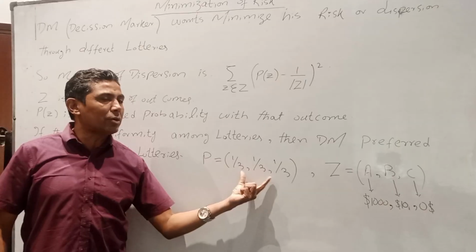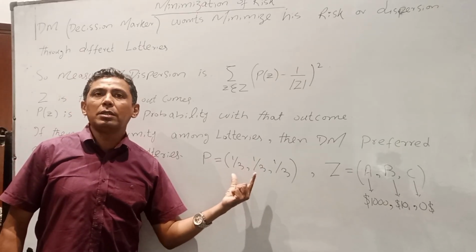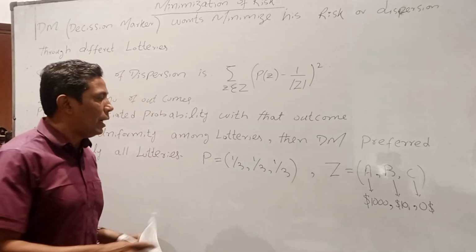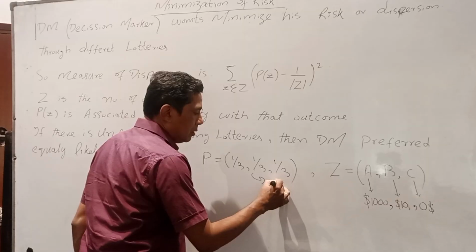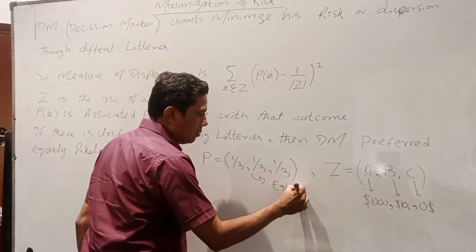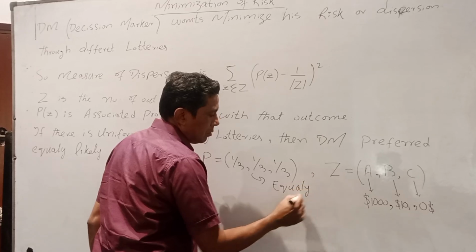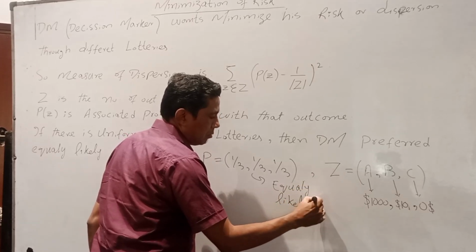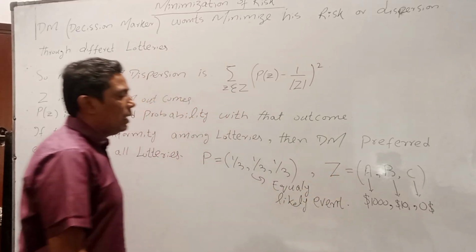So that kind of lottery is called an equally likely lottery. Clear? Or this event is called an equally likely event, right?